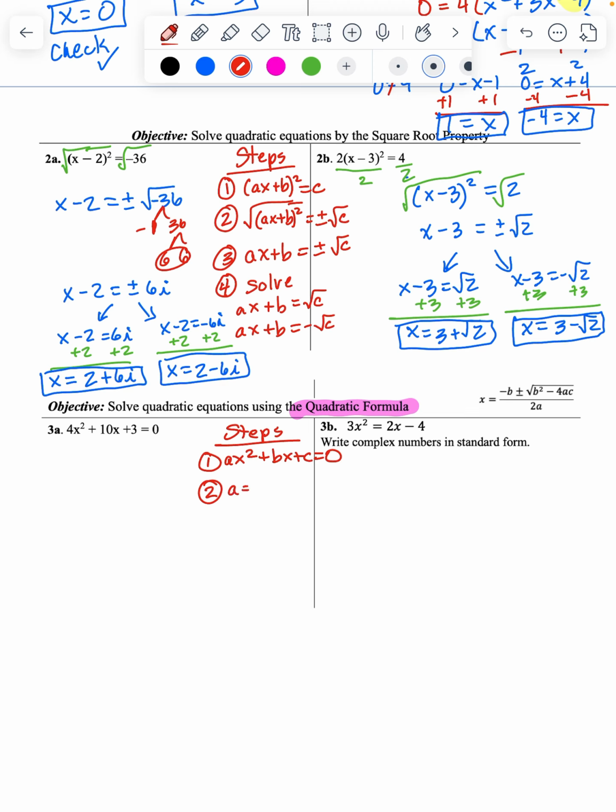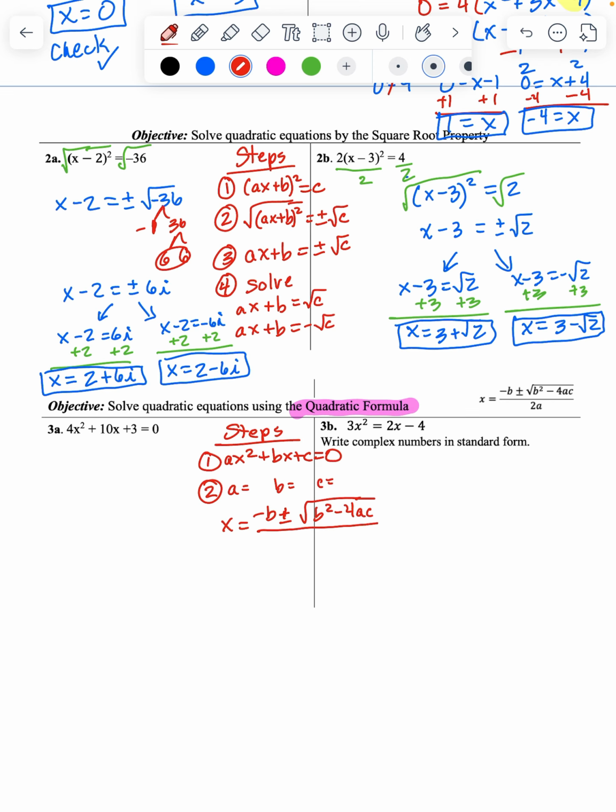Identify what your a, b, and c are from your problem so that you can plug into the quadratic formula. This is on your formula chart, so you don't have to have it memorized, but you'll be able to go a little faster if you do. So x, our variable, this is getting us our answer, equals negative b, or the opposite sign of b, plus or minus the square root of b squared minus 4 times a times c.